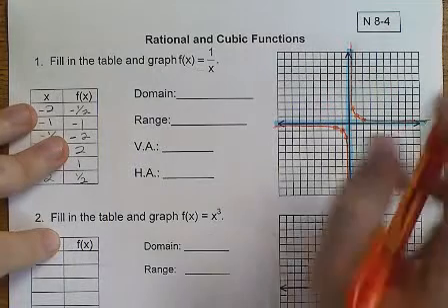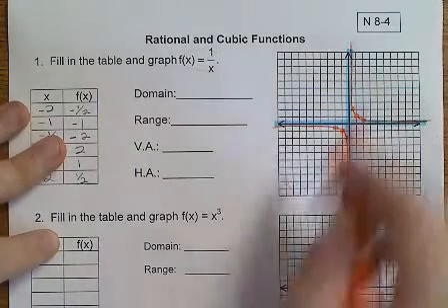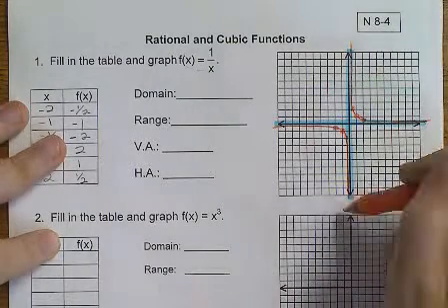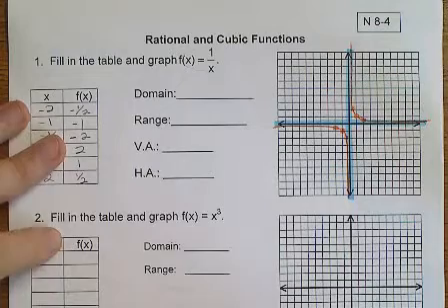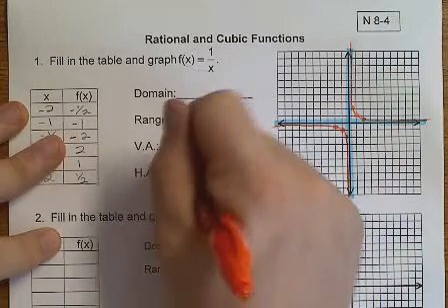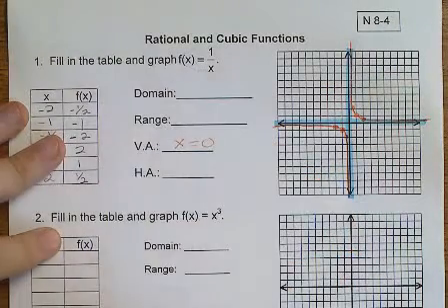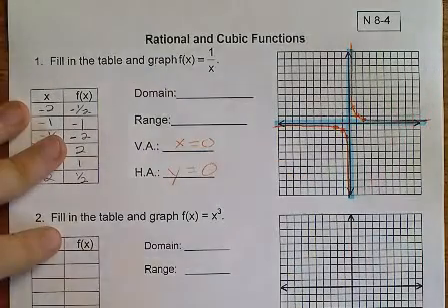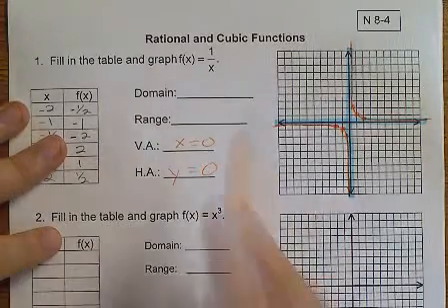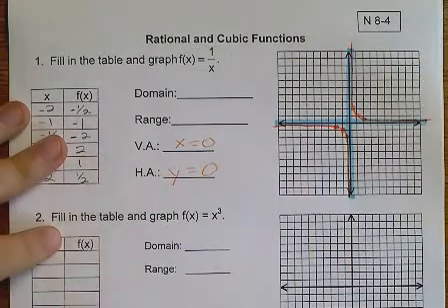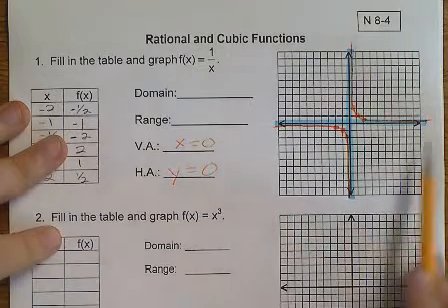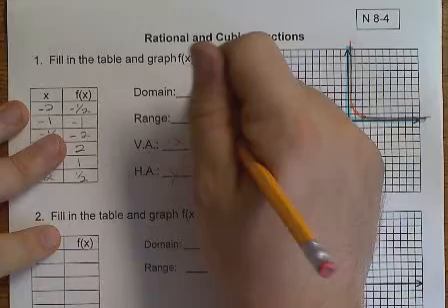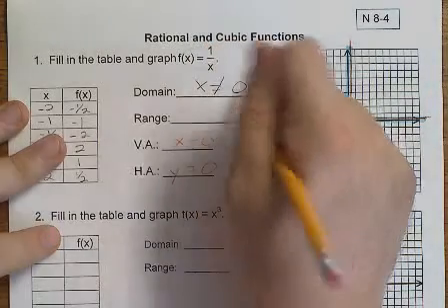Okay? So we have basically a bare space here at the x-axis and a bare space here at the y-axis. Those are called asymptotes. So a vertical asymptote is at x equals 0. A horizontal is at y equals 0. So if we talk domain and range, well, domain, we do go all the way forever left. We go all the way forever right, but we don't hit 0. So we're just going to put that x cannot equal 0.